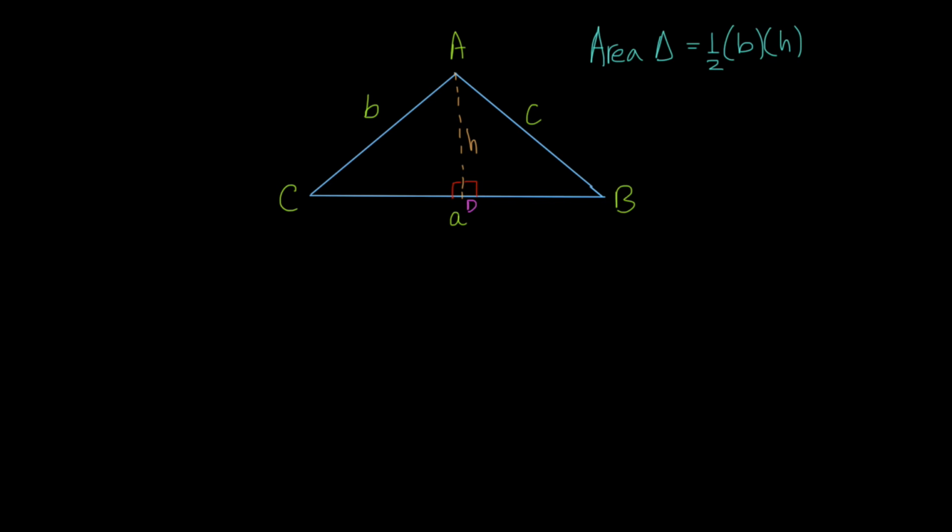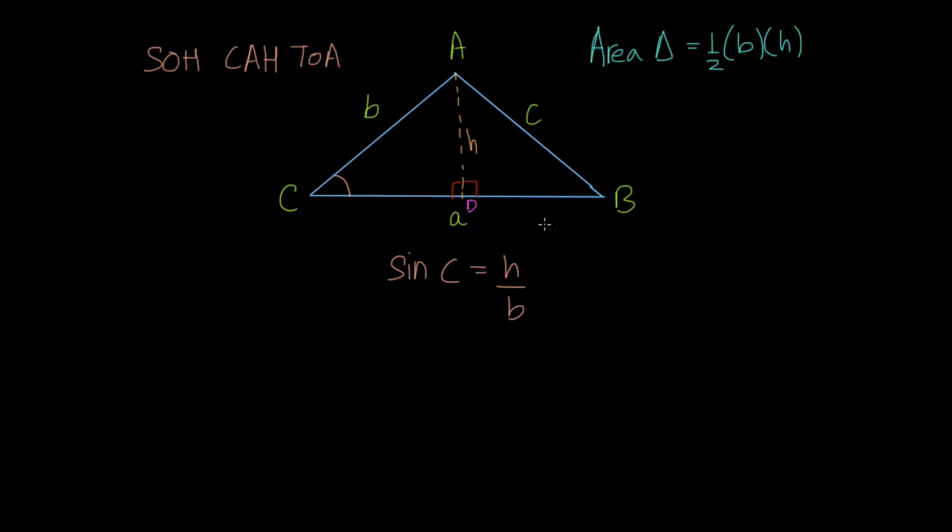With this, if I wanted to find the sine of angle C, then using SOHCAHTOA, we know that sine is opposite over hypotenuse. The opposite side to C is the height, and the hypotenuse is B. So sine C would be opposite over hypotenuse, h over B.